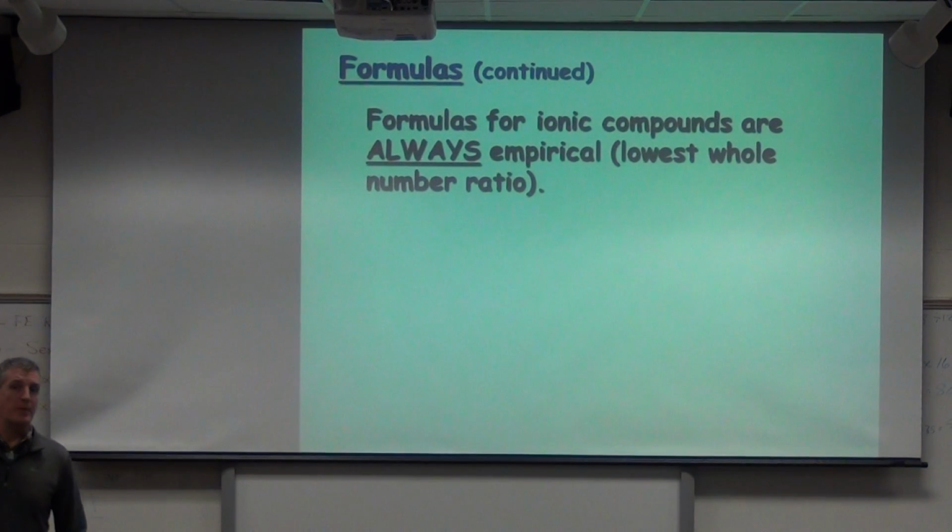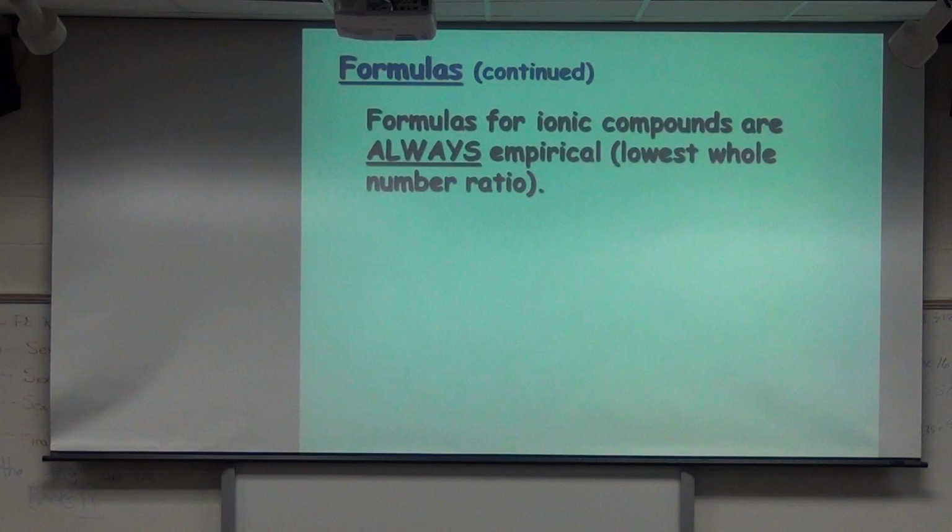As I just mentioned a few moments ago, the empirical formula and the molecular formula can sometimes be the same. For ionic compounds, they are always the same. Ionic compounds are always given in their lowest ratio.